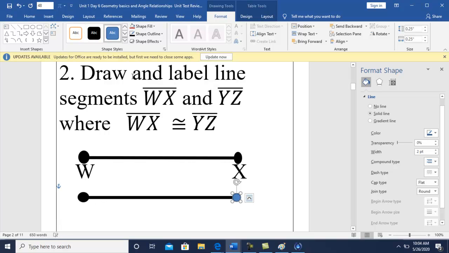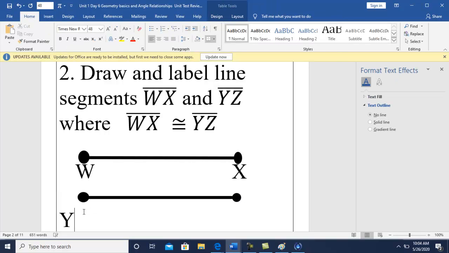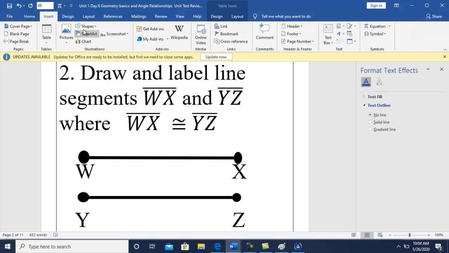There are 2 dots, and we need Y and Z. Then we're going to do tick marks.